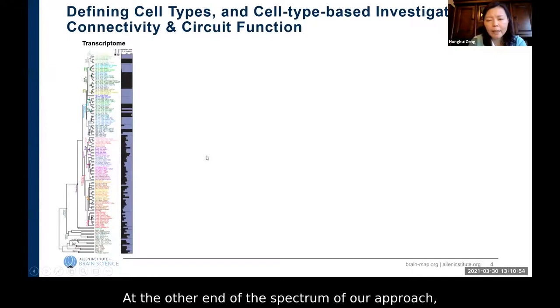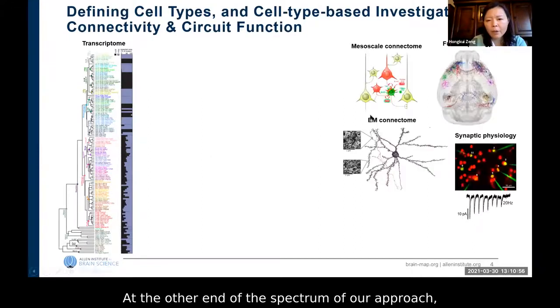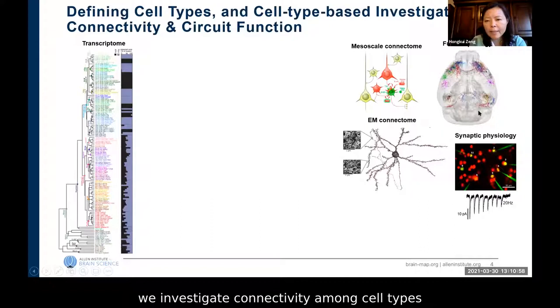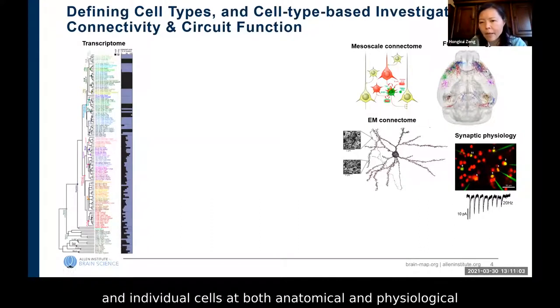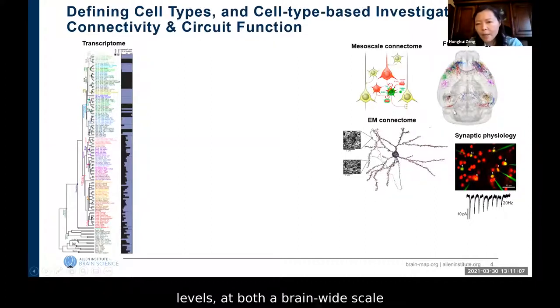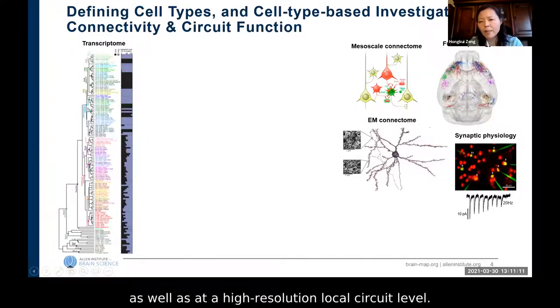At the other end of the spectrum of our approach, we investigate connectivity among cell types and individual cells at both anatomical and physiological levels, at both a brain-wide scale, as well as at a high-resolution local circuit level.